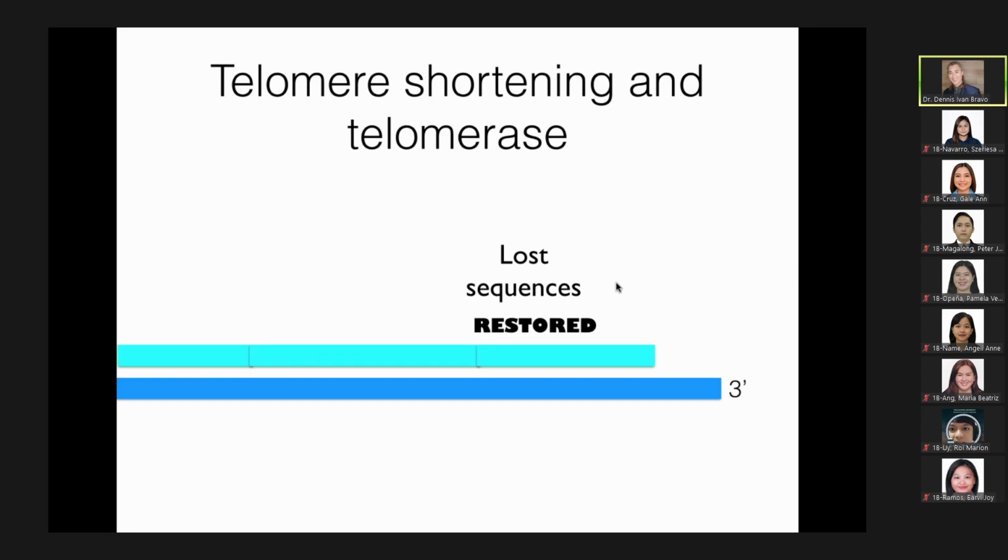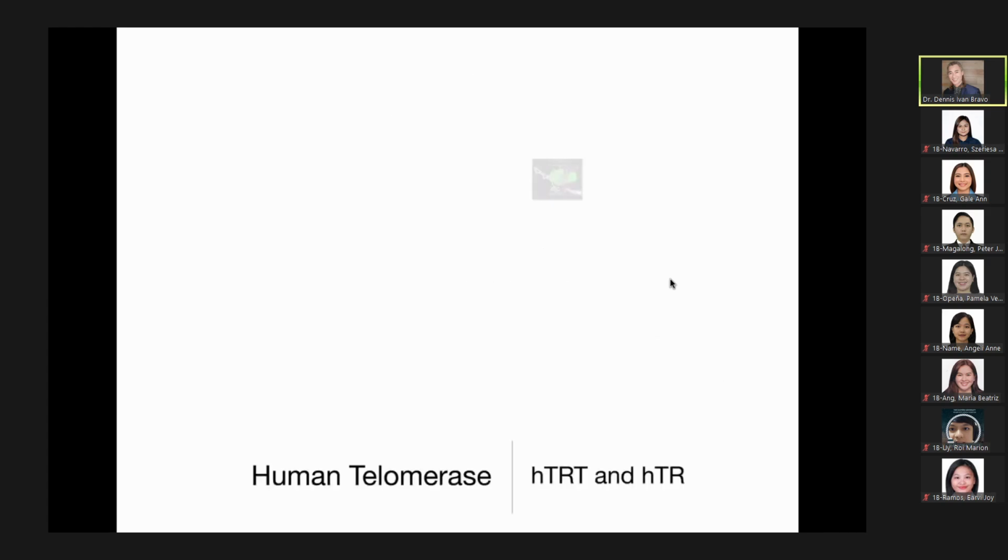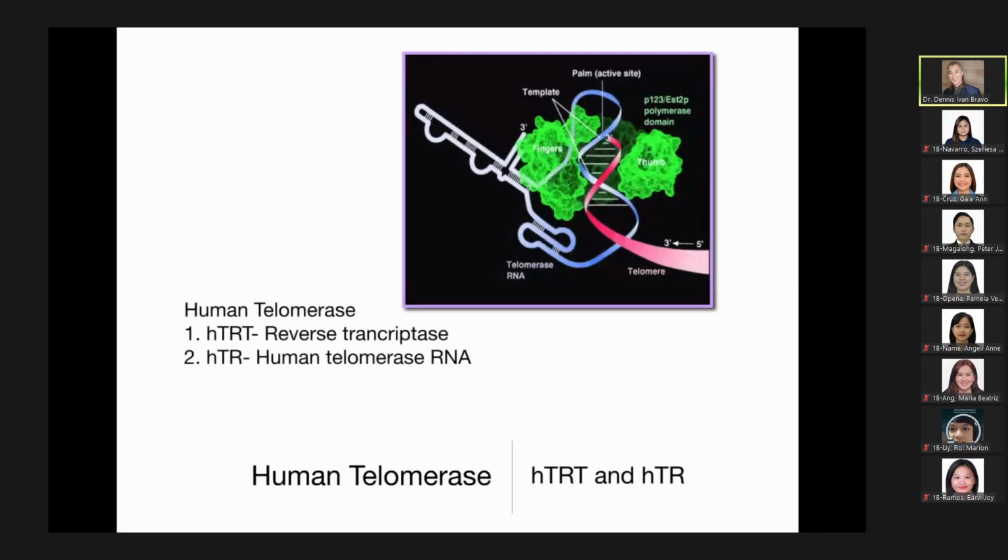These cells are capable of infinite division without the worry of shortening of telomere because they do have telomerase. But the regular somatic cells do not have an active telomerase. So for humans, and just like all other telomerases, the telomerase contains two subunits. The enzyme part is reverse transcriptase enzyme, and it has a built-in RNA template.